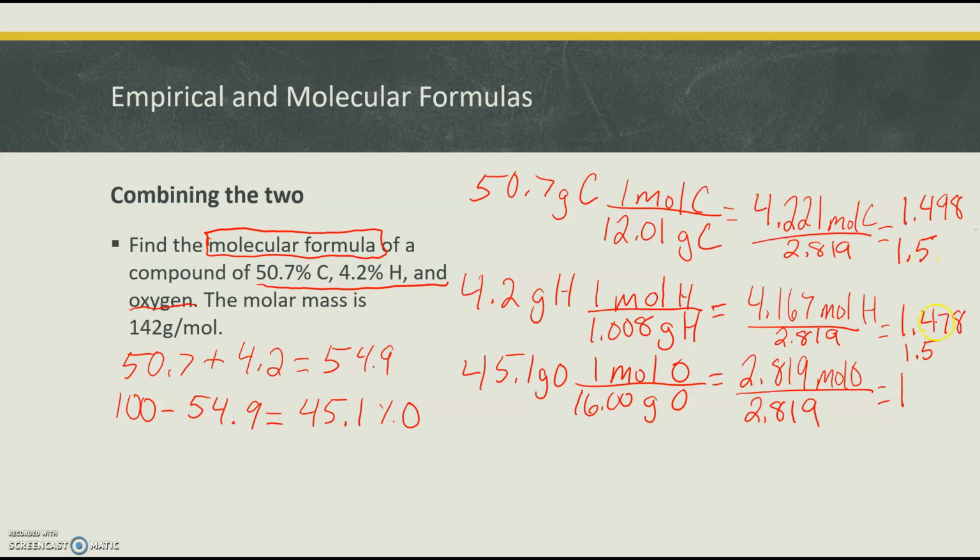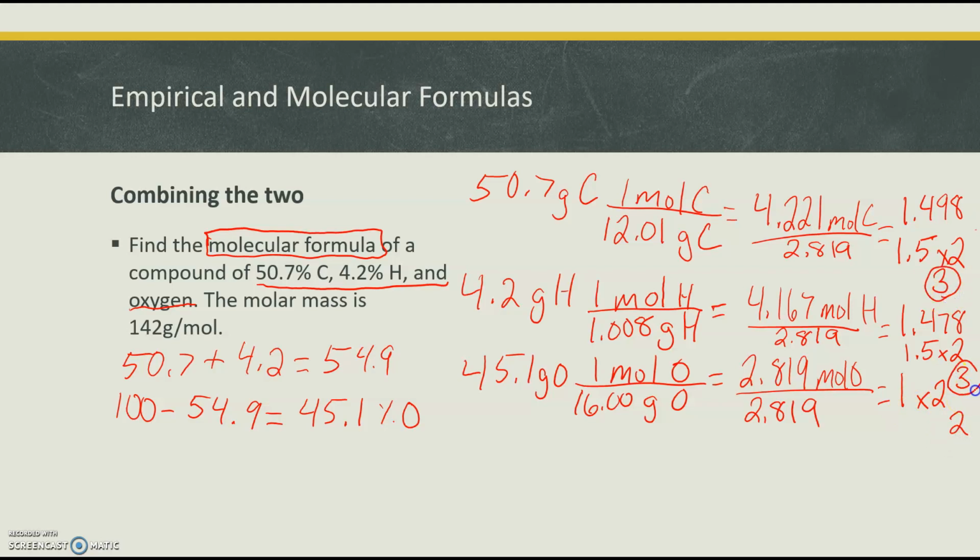Since our decimal is 0.5, we're going to multiply everything by 2. 1.5 times 2 will give us 3, and 1 times 2 gives us 2.